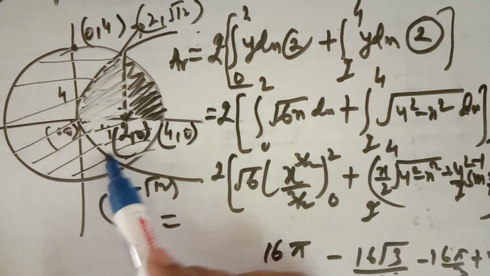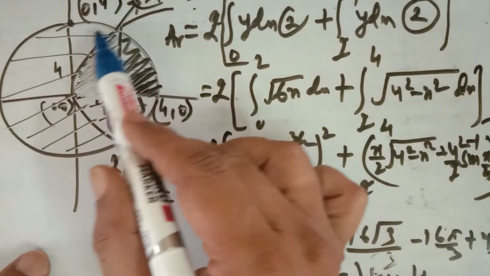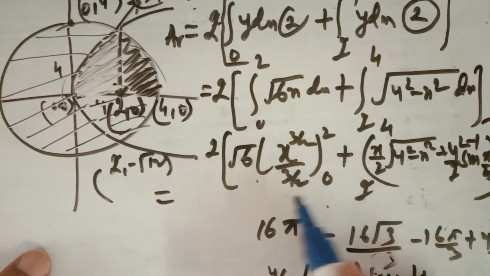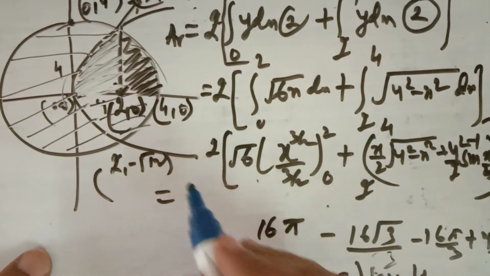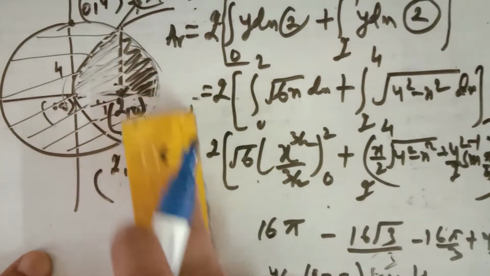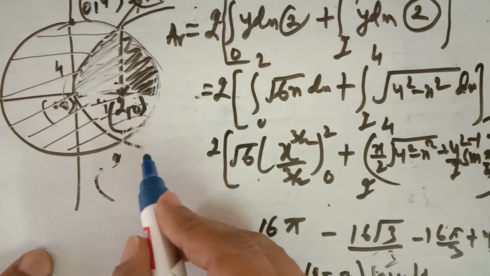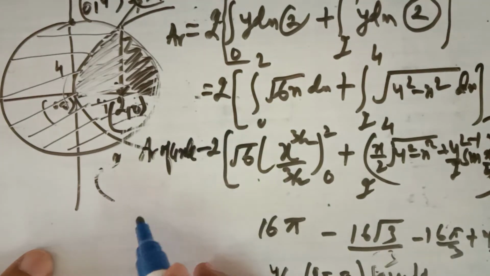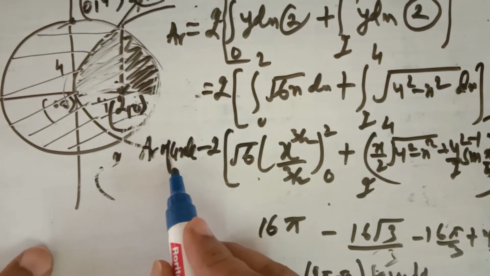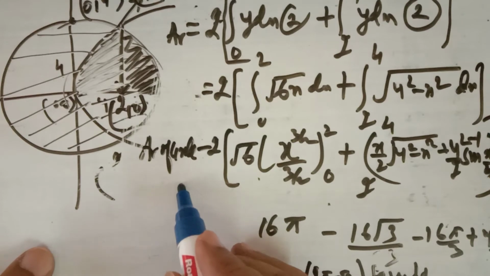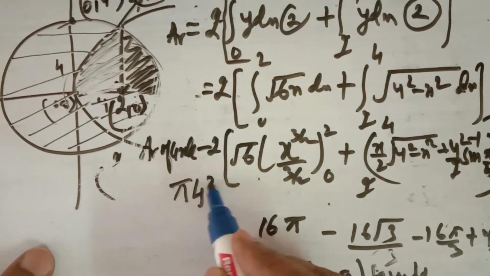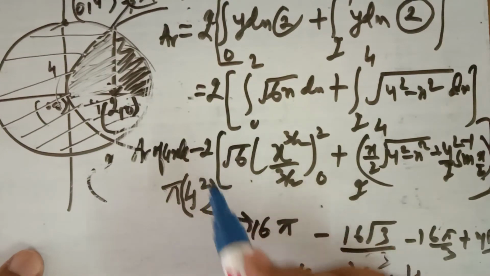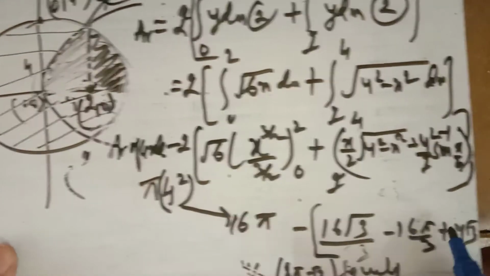So what you have to do, I have found out this area, and you have to subtract this area from the area of the circle. Area of circle, and because the radius of the circle is 4, its area will be pi r square. So this will be the area, and you have to subtract it like this.